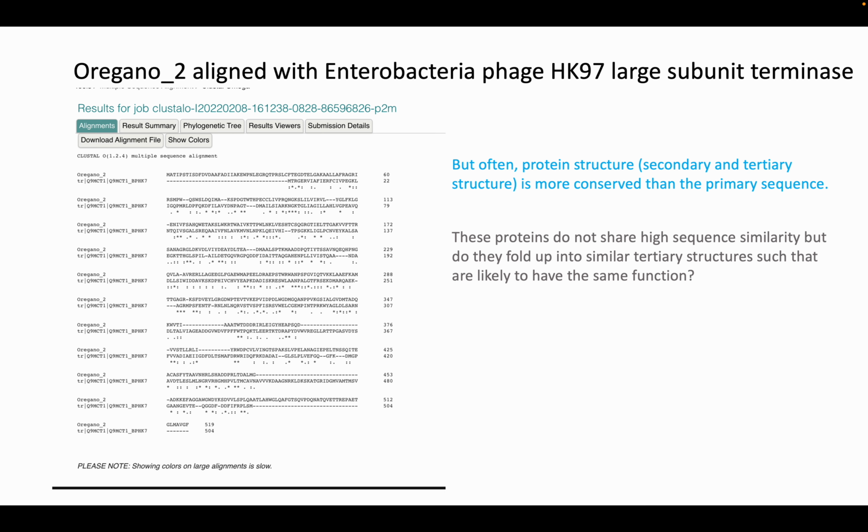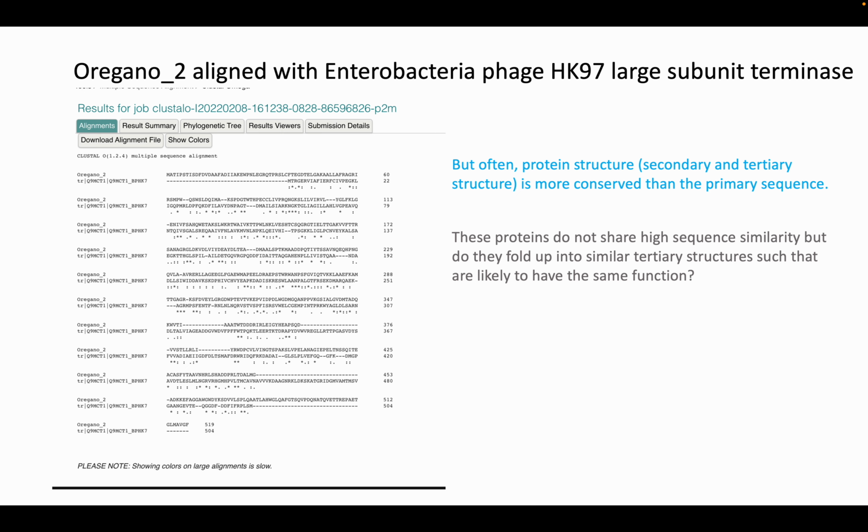Protein structure, the secondary and tertiary structure, is often more conserved than the primary structure. And if we look at this alignment, we can see that this is a really poor alignment. These two sequences don't share a lot of sequence identity. But they do fold up into similar tertiary structures and probably have the same function.